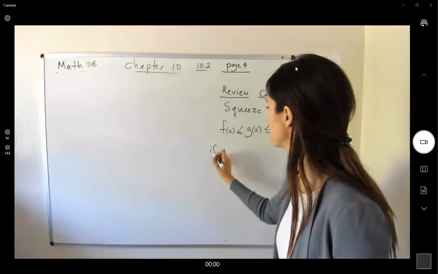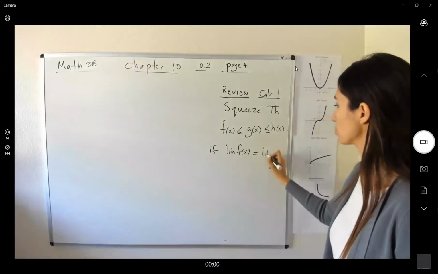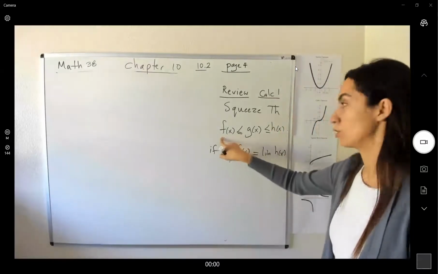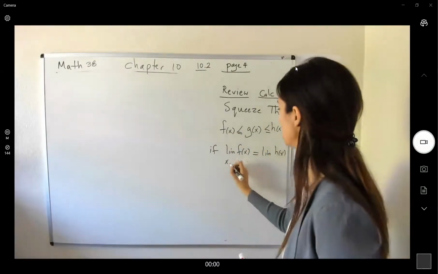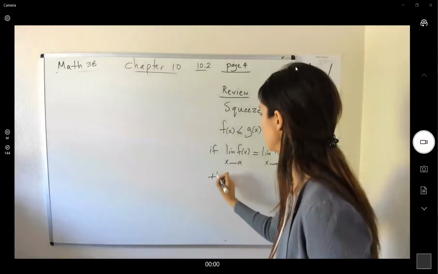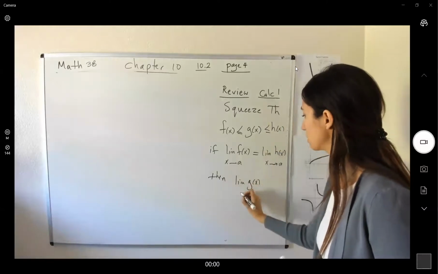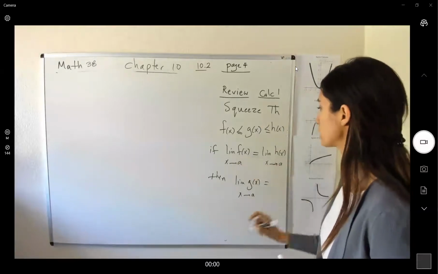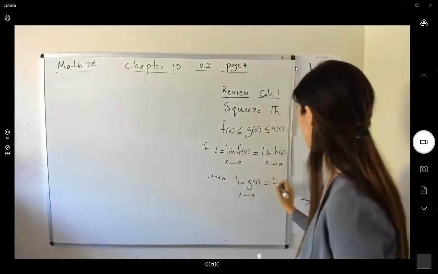If the limit of f of x equals the limit of h of x, so the lower function and the upper function have limits, and those limits are equal to each other, then you can conclude that the limit of g of x is also equal to the limit of f of x and h of x. So let's call it L. It must be.